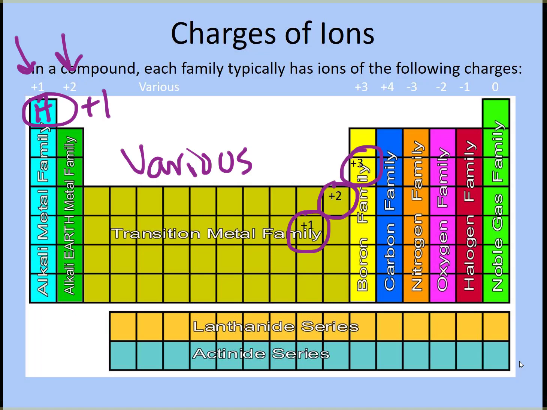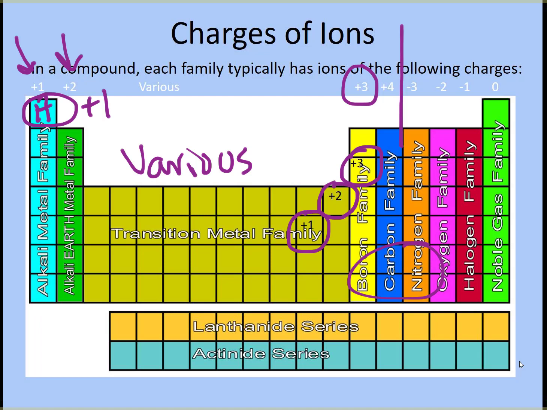And notice this series, +3, +2, +1 in a diagonal. So this whole boron family has a +3. Carbon family +4, nitrogen family, now it gets negative. So -3, so they gain 3 electrons generally in the nitrogen family. Some of these metals down here do some weird things, because remember, metals lose, so they won't follow that -3.